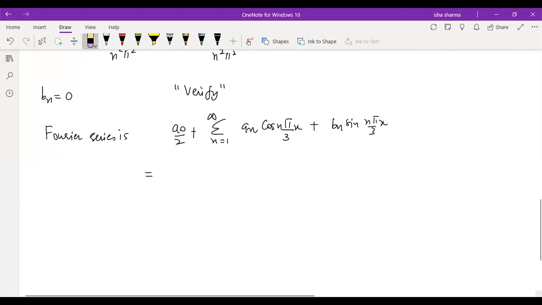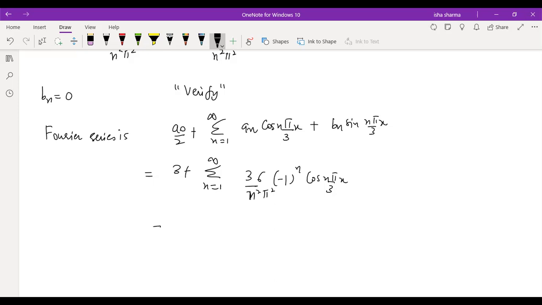So 6 by 2 makes it 3 plus summation n is equal to 1 to infinity 36 by n square pi square into minus 1 raised to power n into cos n pi by 3 x. Yeah, and bn is 0, so there is no sine term, there are only cosine terms. So that is your series expansion.